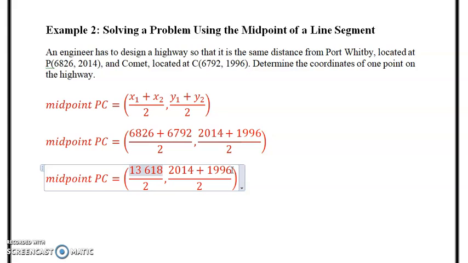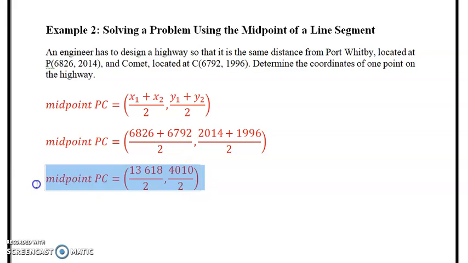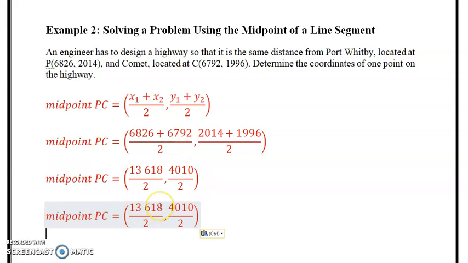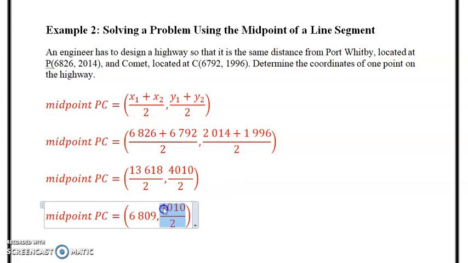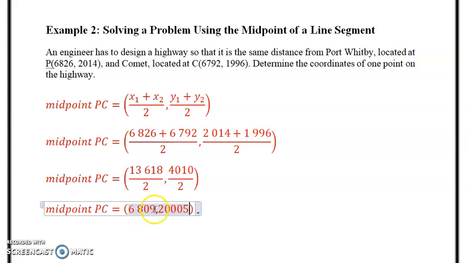And then 2,014 plus 1,996 would be 4,010. The midpoint of PC is equal to, and you get 5,309, and 2,005.